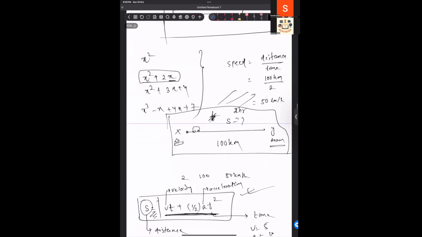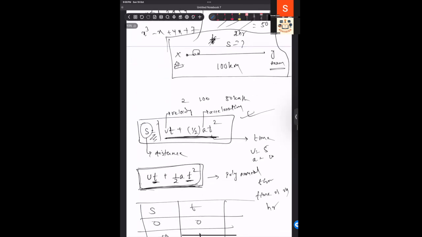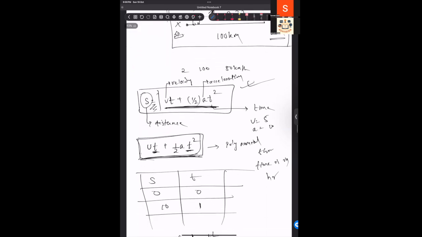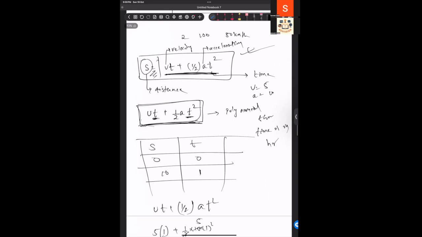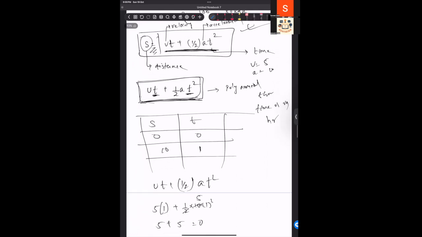Then we went ahead and understood another, more real-time example of a polynomial, using an object in smooth and continuous motion, which follows the expression ut plus half at square equal to s, where s is distance, t is the time, a is acceleration, and u is the velocity.